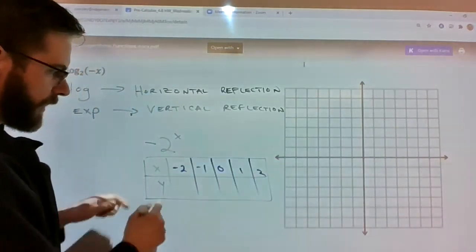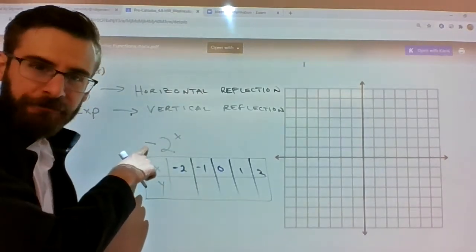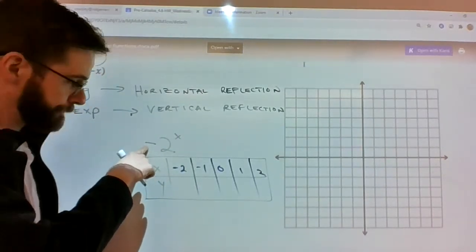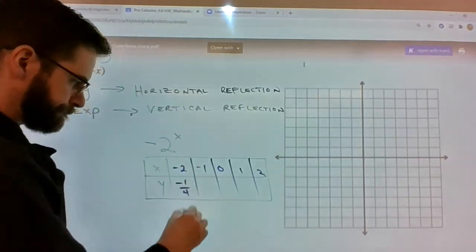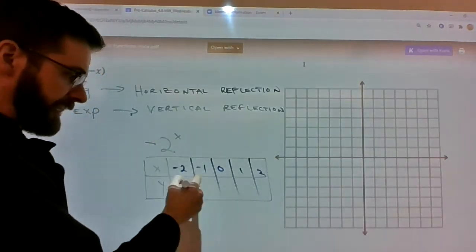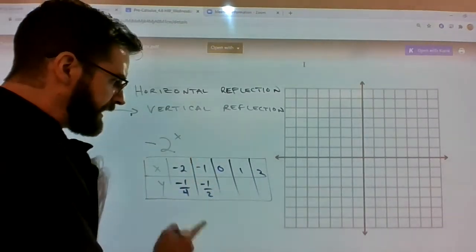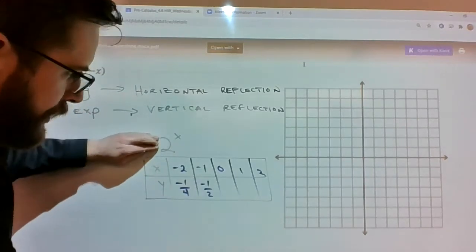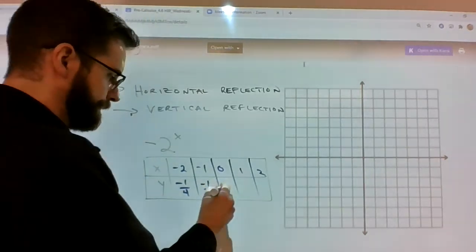Okay, so when I plug in negative 2, that negative will forever stay in front of the 2. So it's going to be negative 1/4. This will be negative 1/2. This will be negative 2 to the 0 power. 2 to the 0 power is 1. Negative 1.